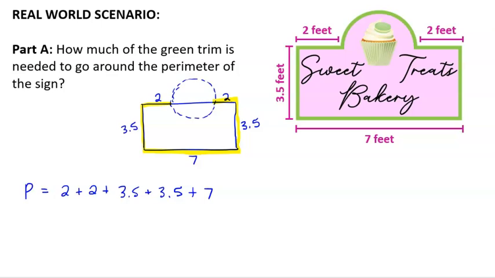But now I'm missing this top piece here, which is half of my circle. So I'm going to draw this circle out to the side. Okay, and if this entire length here is 7, and I've got 2 on this side and 2 on this side, that's 4, I know that the inside here has to be 3.